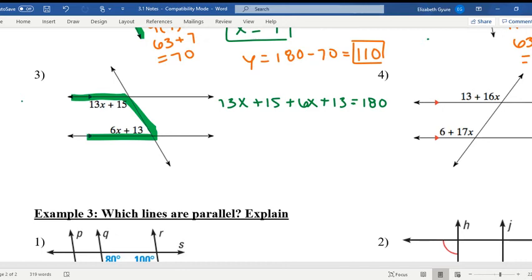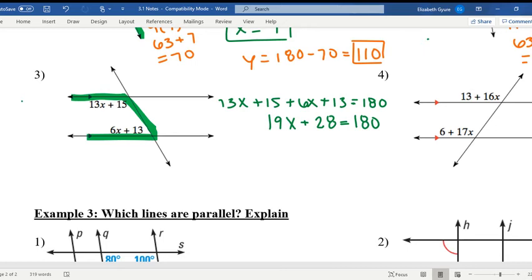You only want to subtract or add things to opposite sides of the equal sign. So I'm not even going to subtract my 13x or anything like that yet. I'm going to first combine my like terms, okay? So combine your like terms, and 13x plus 6x is going to give you 19x. And then 15 plus 13 is going to give you 28 equals 180.